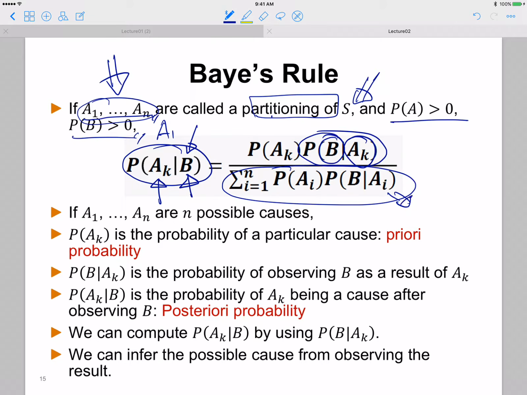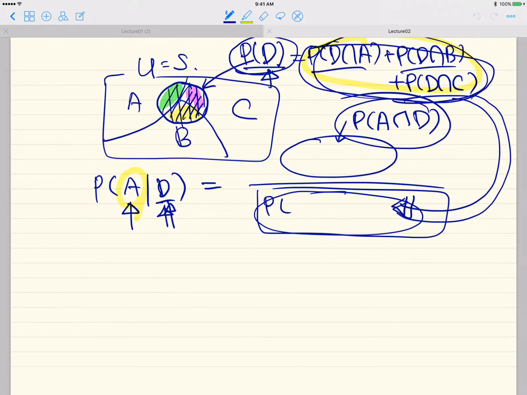This part is A cap B plus A cap B and D plus A cap C and D, right? So those three were again those three colored parts. Right?